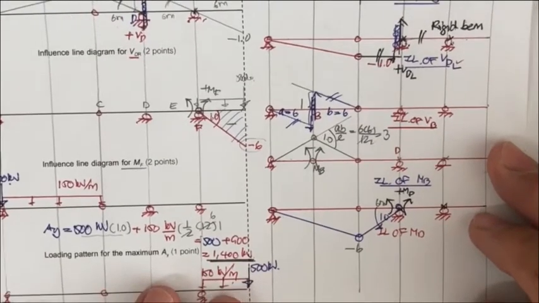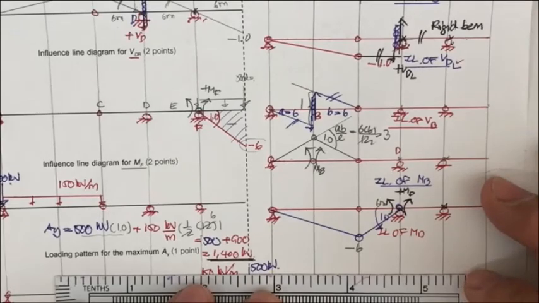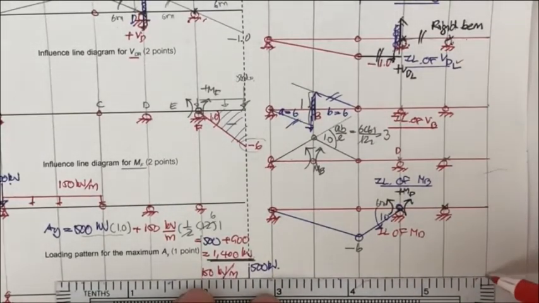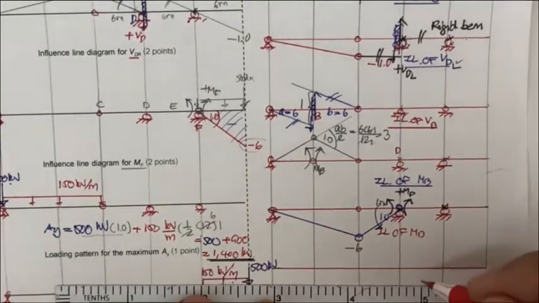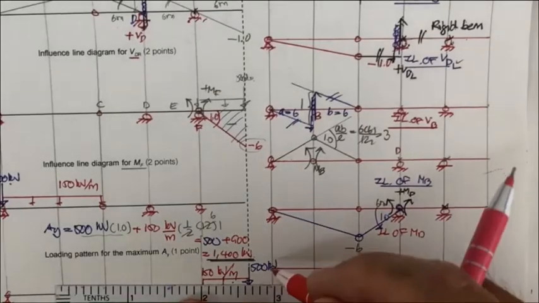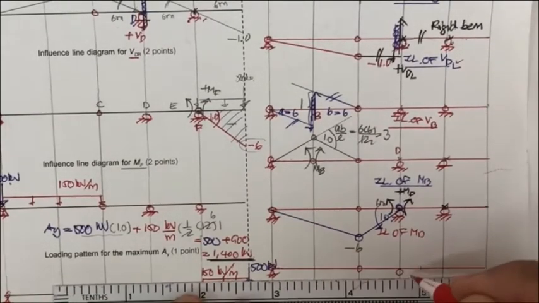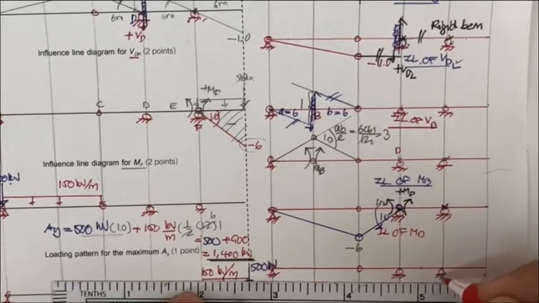And the last one, let us draw the influence line of M sub E. E is here. This is going to be the pin, this is going to be the hinge. The C is close to here, and the F is here.